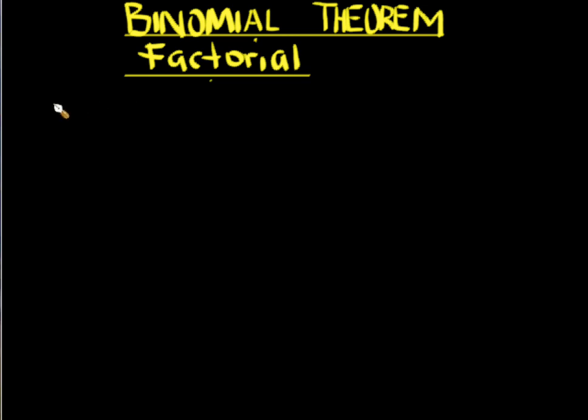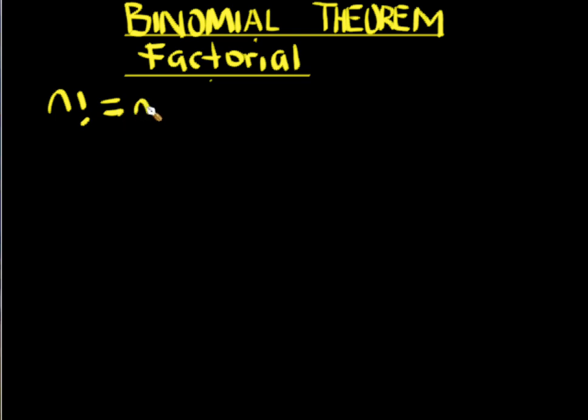The factorial of a positive integer n, written n with the factorial symbol, is defined as the product of all positive numbers less than or equal to n.